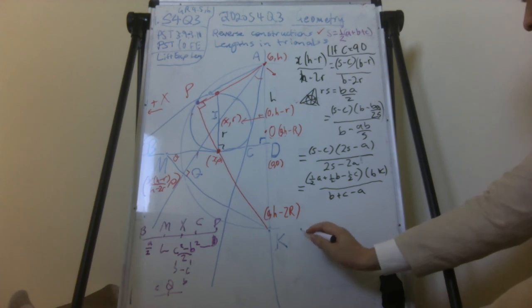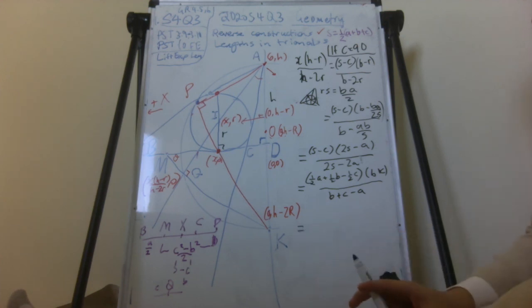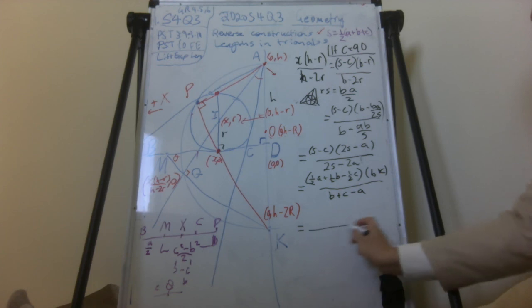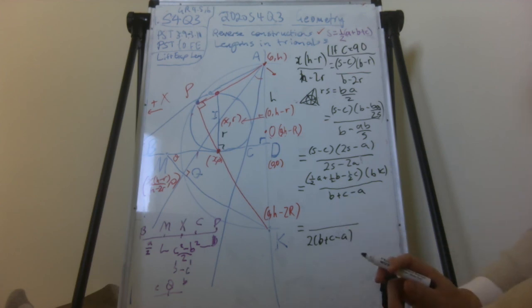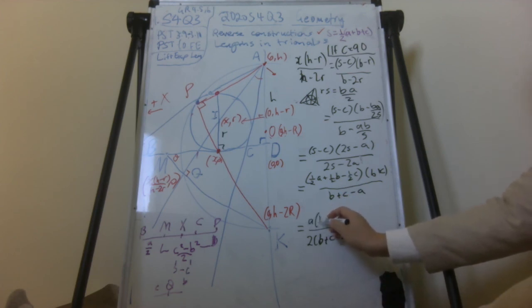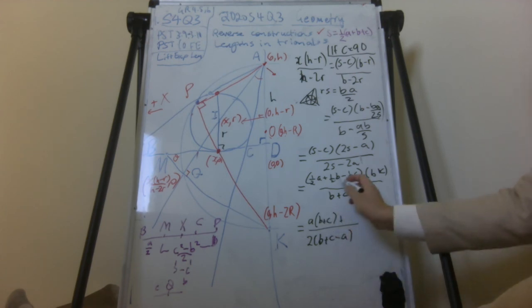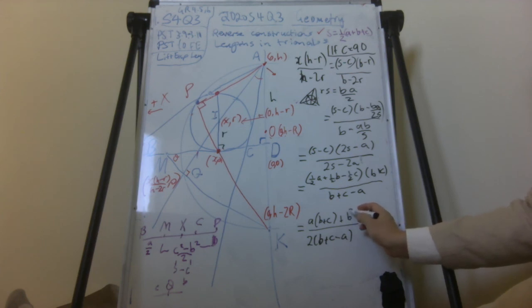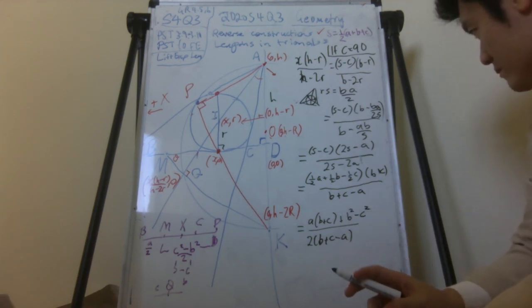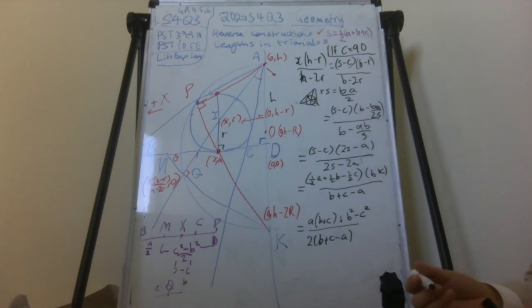Okay, anyway, so let's see what happens. You have basically 2B plus C minus A at the bottom, A plus B minus C. So I have A times B plus C, plus B minus C times B plus C. Actually, this is something I should really just let people do themselves.